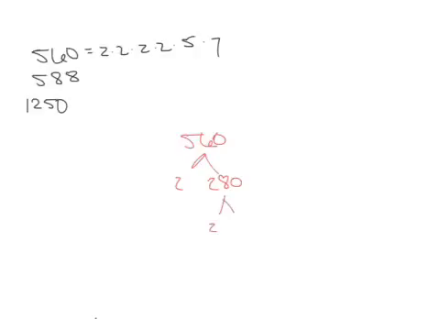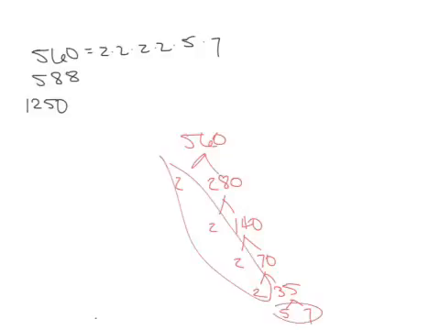I use 2 until I run out of even numbers, and then I stop. So I just keep going, and there I ran out of an even number, so then I've got 5 and 7. So my primes are those 2 and those 2, and that's where I got that up there.